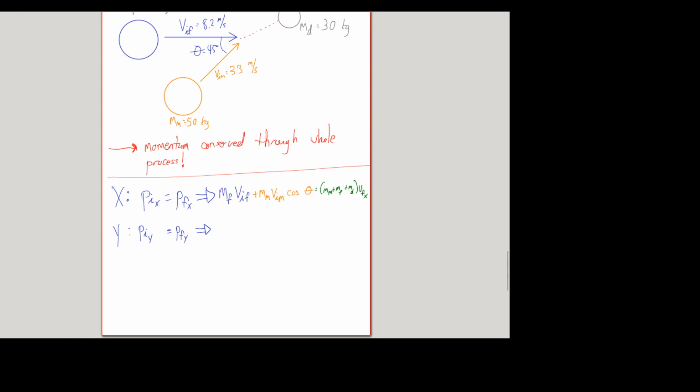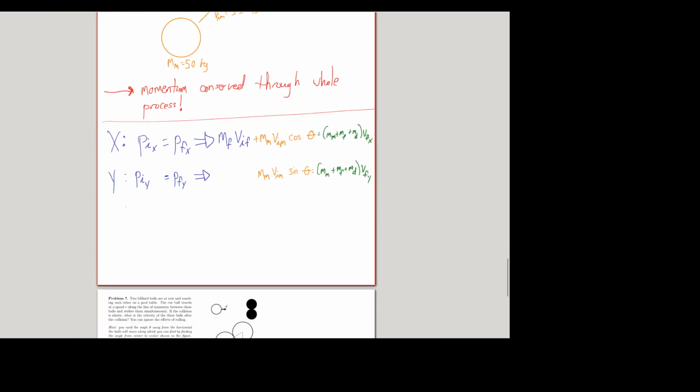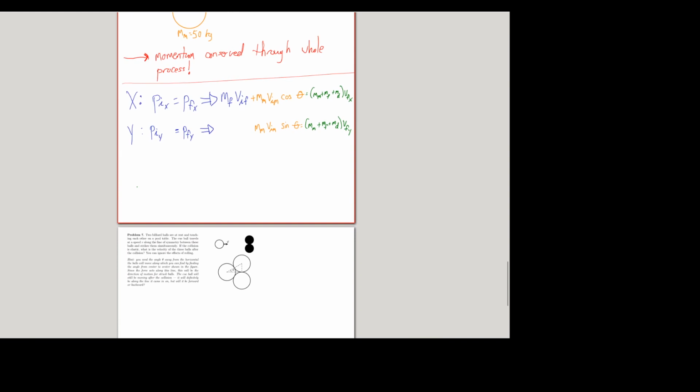So the only y momentum comes from the mother's momentum. Again, they all stick and move together in the end, v final y. So now all that's left is to do the algebra that I've written down.